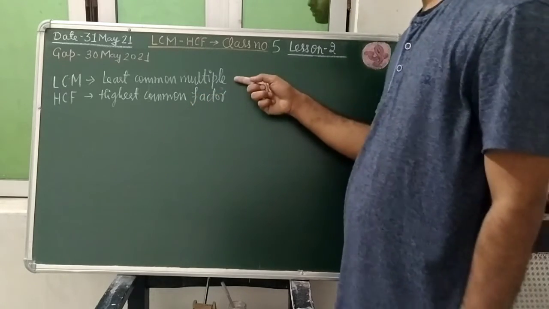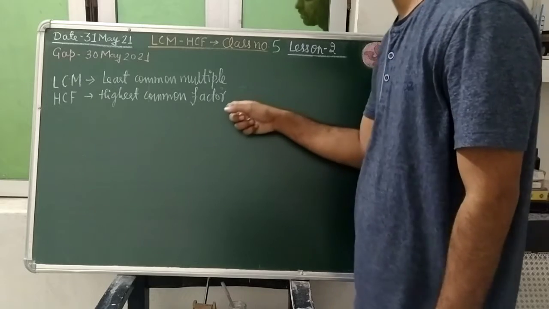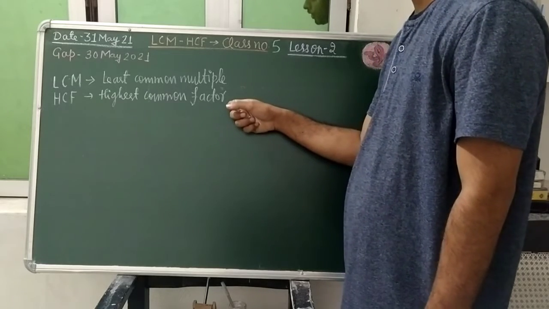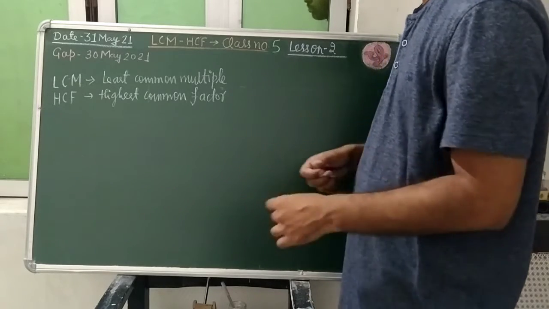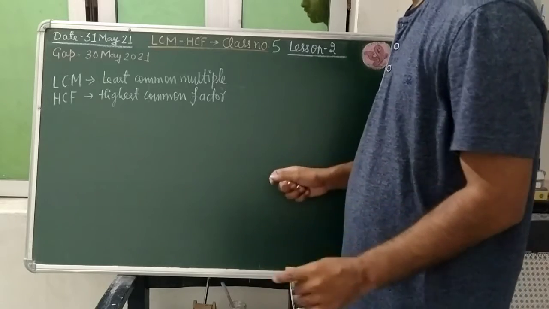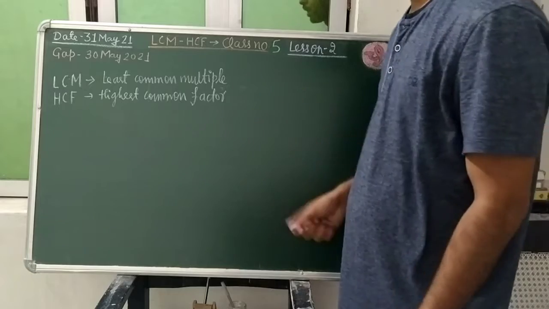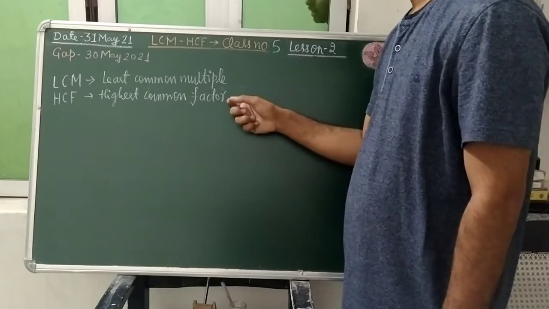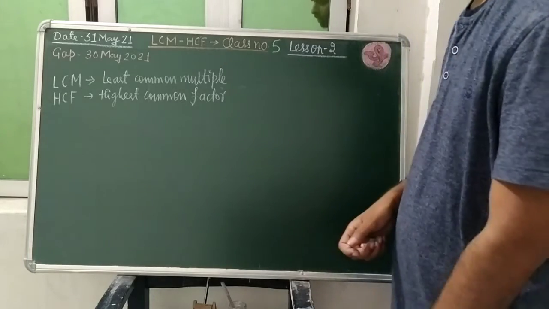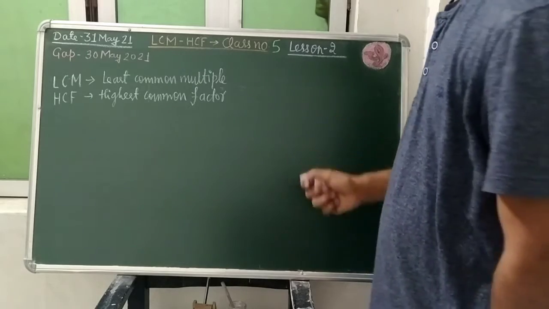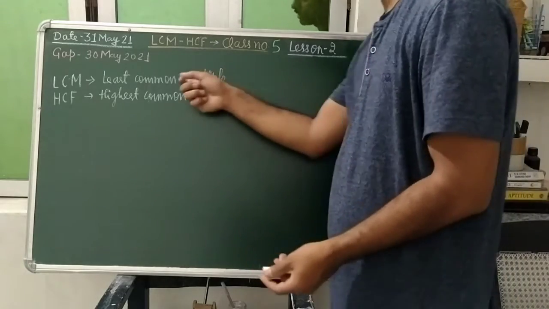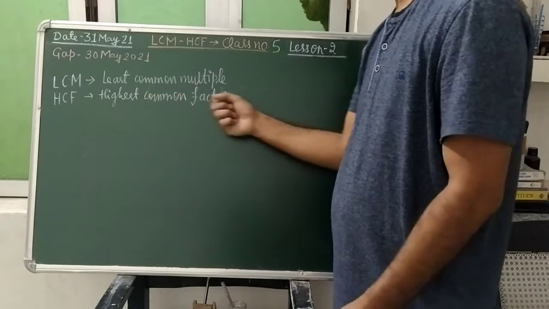Here we will have that multiple, here we will have that factor. Okay students, we shall not say multiples and factors, no. Only one number will be the LCM of the given numbers, only one number will be the HCF of the given. So LCM and HCF are nothing but the least common multiple and highest common factor.